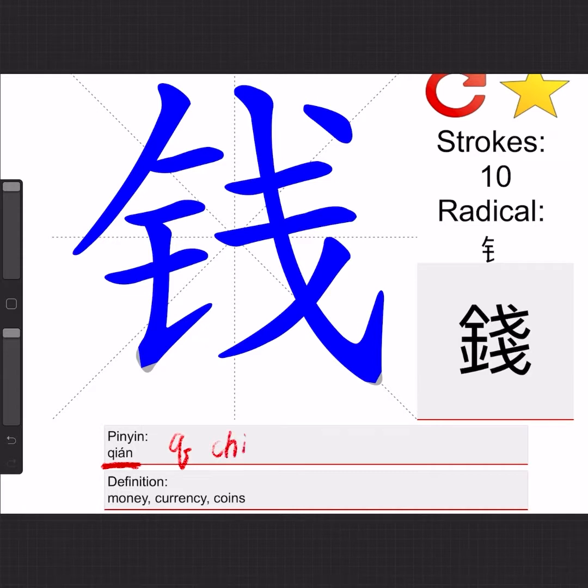Let me borrow the English sound mark just to show you how this pronounces. It pronounces as qi, and you will automatically come up with the pronunciation qi.